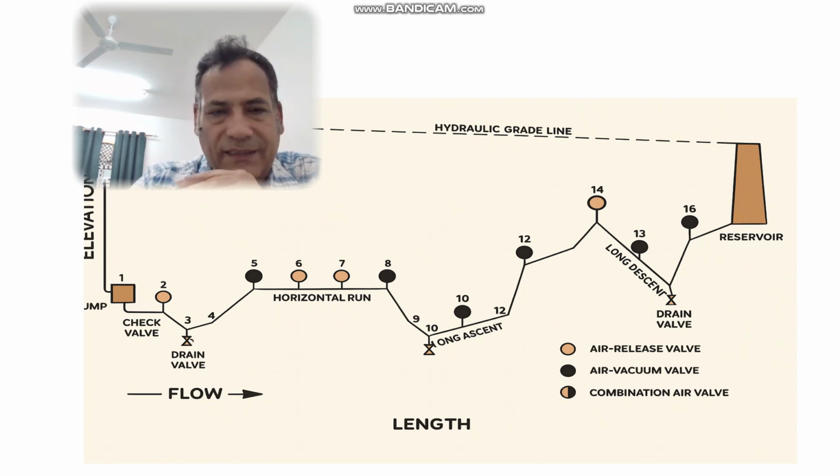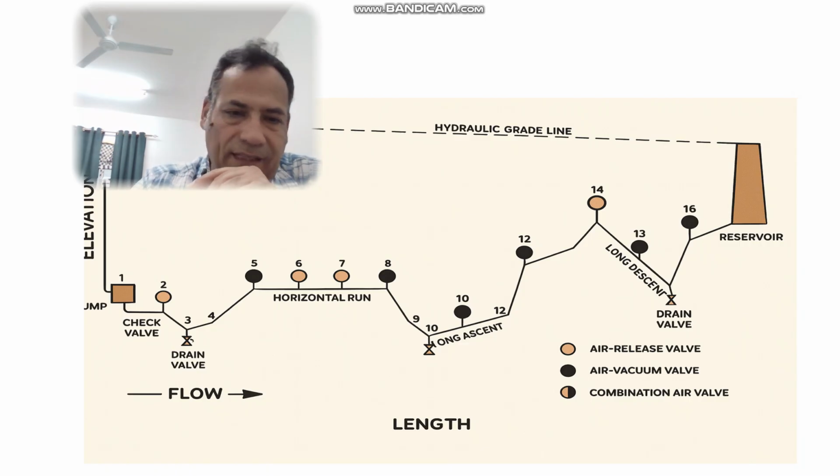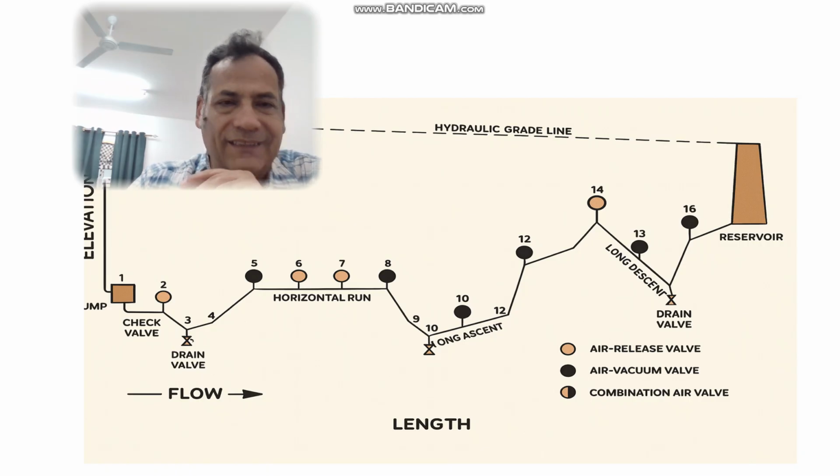They are saying we need to install this type of valve. And if you see in point 5, we need to install an air vacuum valve. All of these points have a reason.